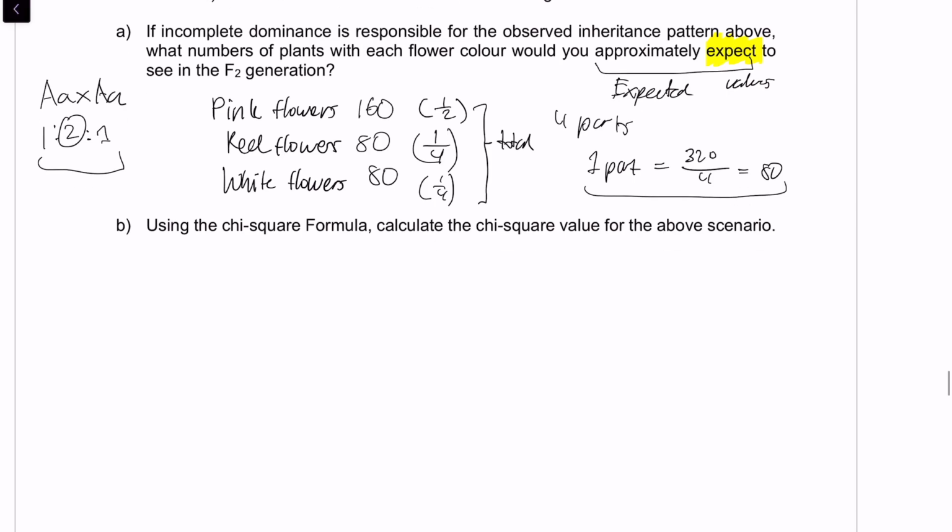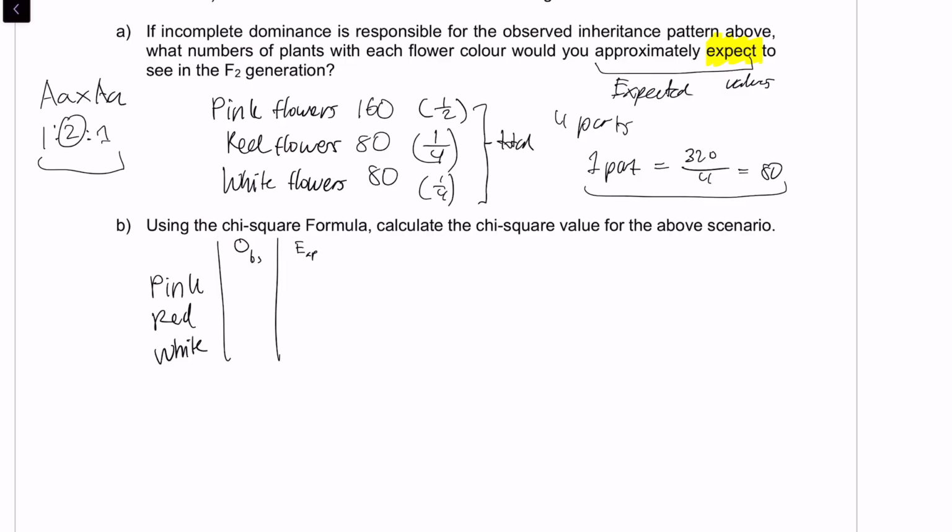Now we have to use the chi-square formula to calculate the chi-square value for the above scenario, all right? So we can do a table where we have the observed value and the expected value.